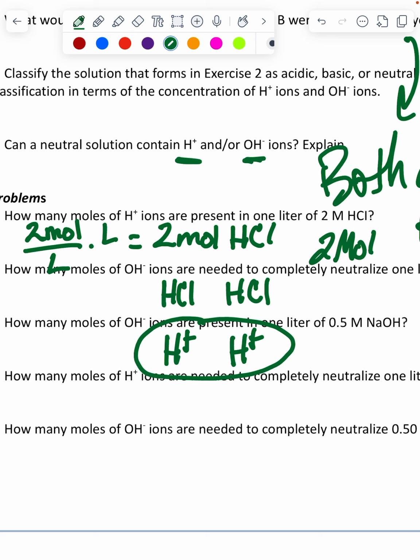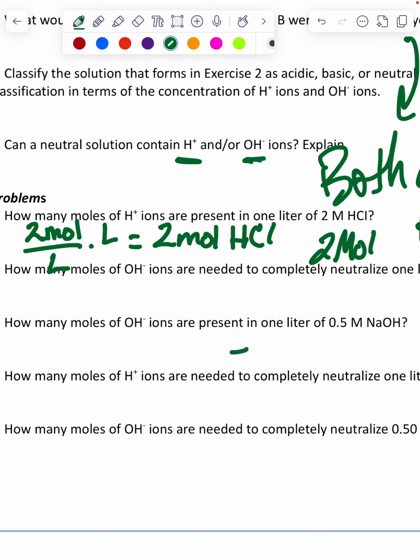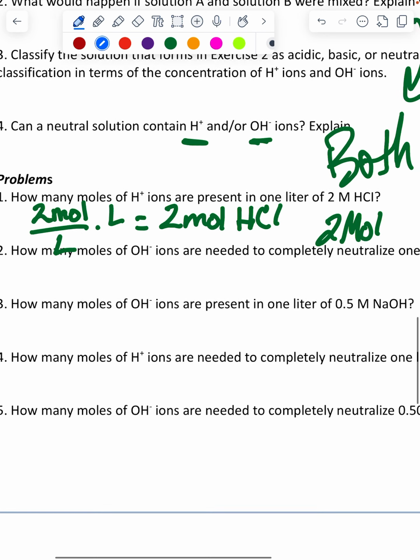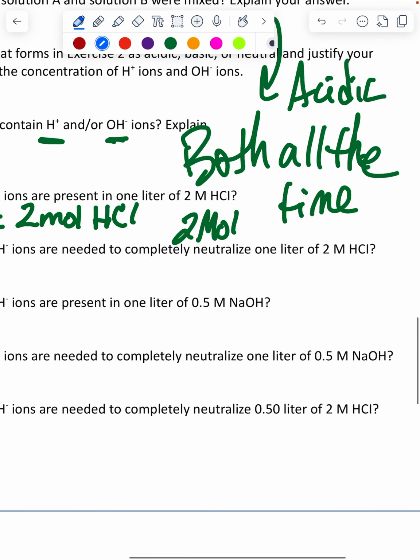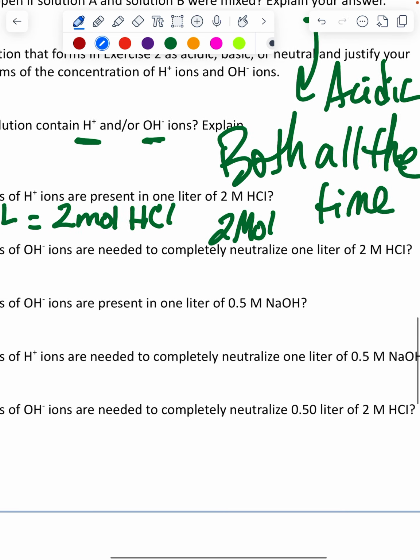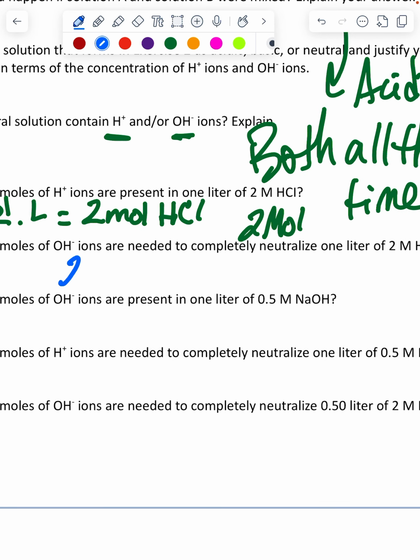All right. Let's look at the next one. How many moles of OH are needed to completely neutralize 2 molar HCl? Well, we said we have 2 moles of H, so we have 2 of these, right?